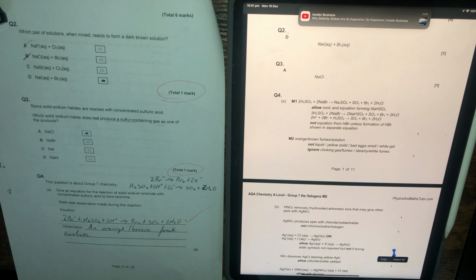This last one here kind of confused me. The Cl minus is more of a spectator ion in this reaction, so I don't really see the point of writing the Cl minus, but yeah, I guess that part is wrong.